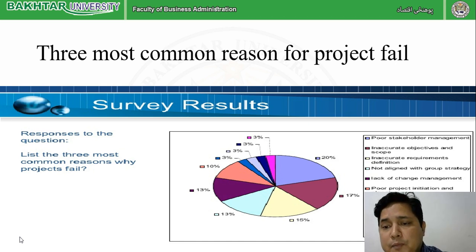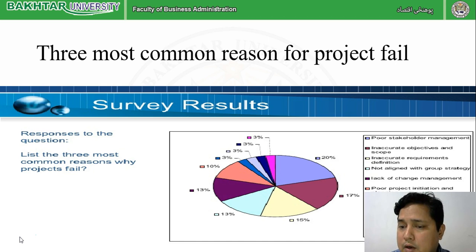The third one is inaccurate requirement definition. It means when in the planning phase we are unable to define how many people we require, and we keep changing our requirement: how many people we require, what the cost is, what time will be required to complete, and we are changing things regarding all the resources.